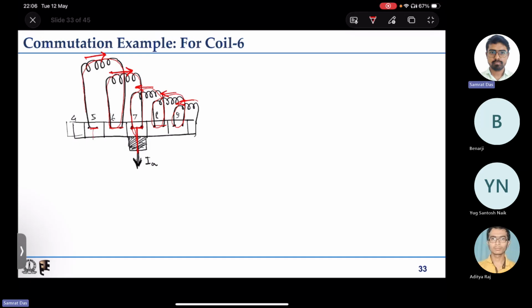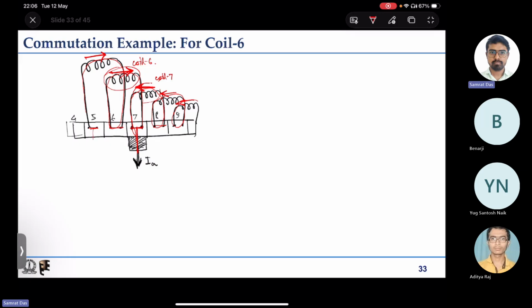So this is our coil 6, which is having current in this direction. This is our coil 7, which is having current in the opposite direction. And the brush is collecting the two currents like that.